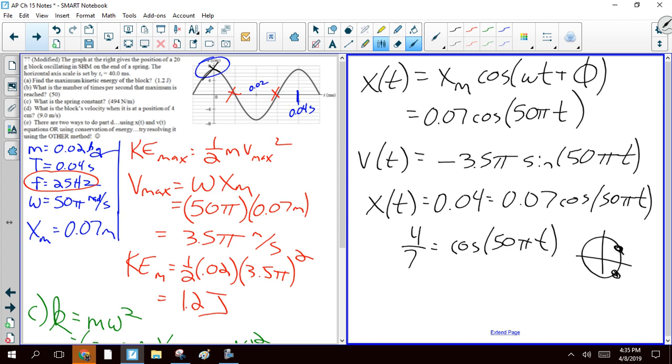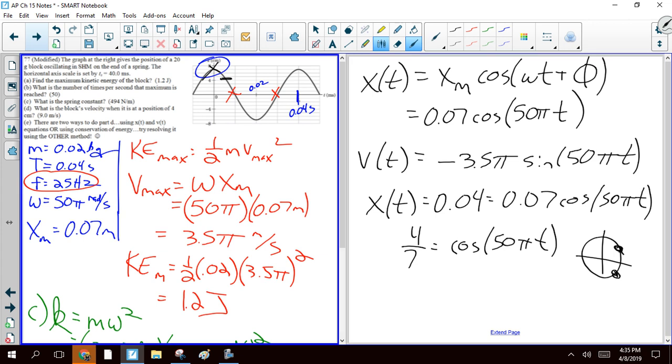Actually, it doesn't matter. We're trying to find the velocity when it's at a position of 4, and that happens twice: once with a positive velocity, once with a negative velocity. So it doesn't matter which one we pick, and we can just solve it.